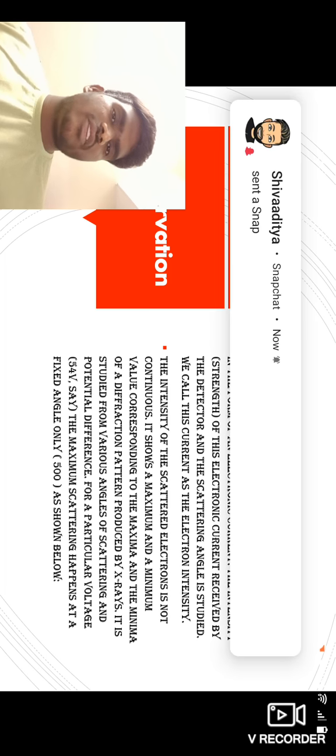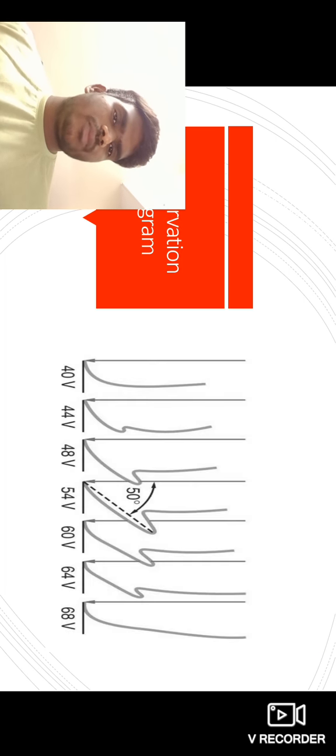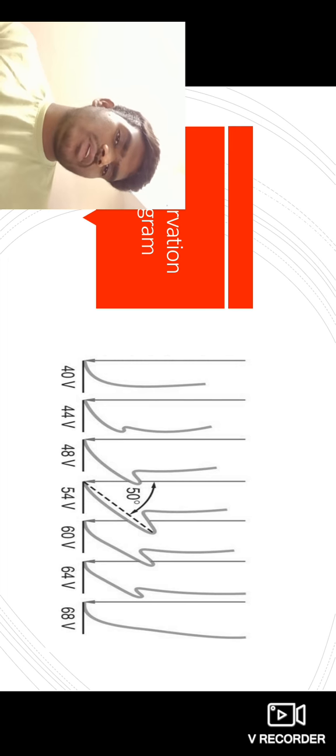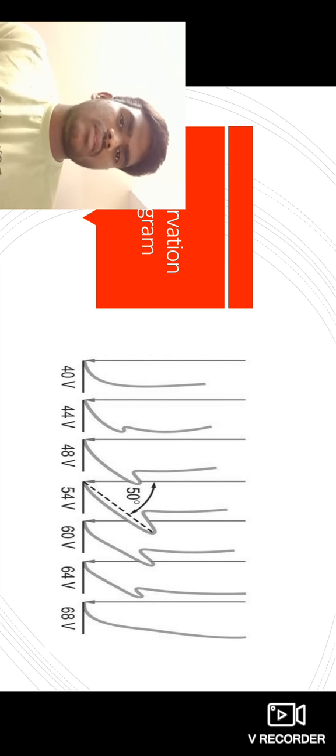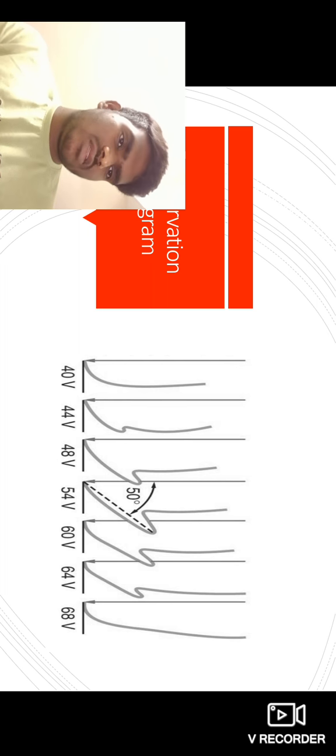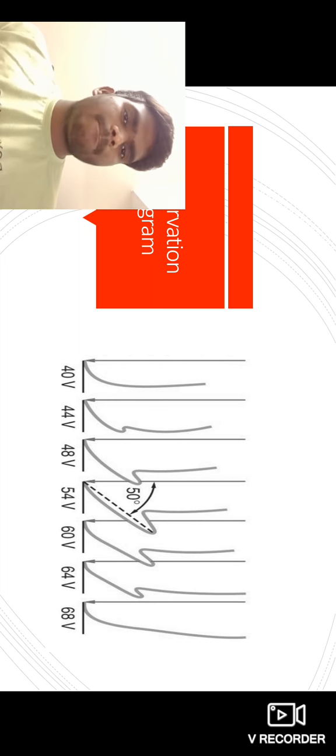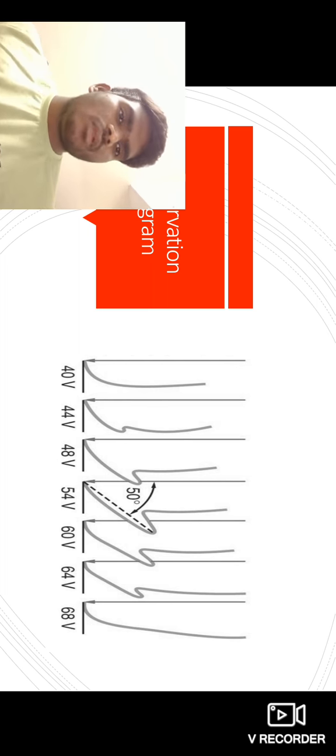Sorry, phi is 50 degrees. Next, this is the observation I told you. If you see the graph here, at 40 volts it shows like this, at 44 volts like this, at 48 volts like this, and at 54 volts like this. It means at a 50 degrees angle it shows like this. At 60 degrees it becomes low. You can observe this graph here to understand more.